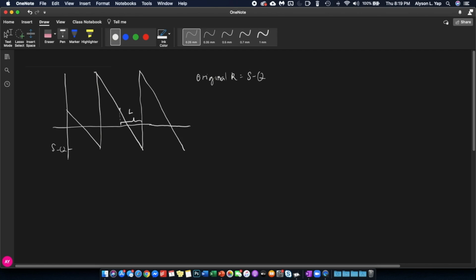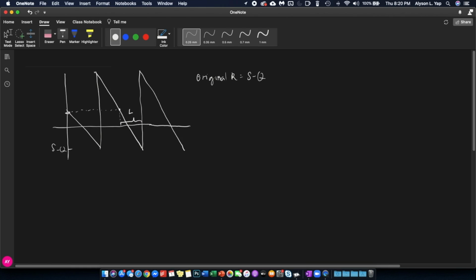Why? Because in this case, this inventory level is the inventory level that will signal you to reorder your inventory.